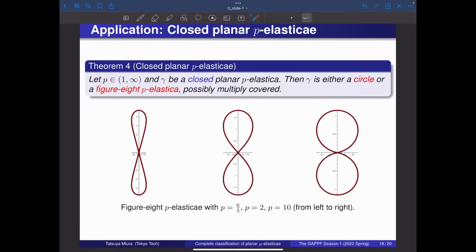So the smaller P yields a thinner figure 8, and if P is large, then the leaf of the figure 8 becomes round. Okay, and this is the classical notion of figure-8 elastica, which was already found by Euler in the 18th century. So this again extends the classical result in the elastica theory to the general exponent P.